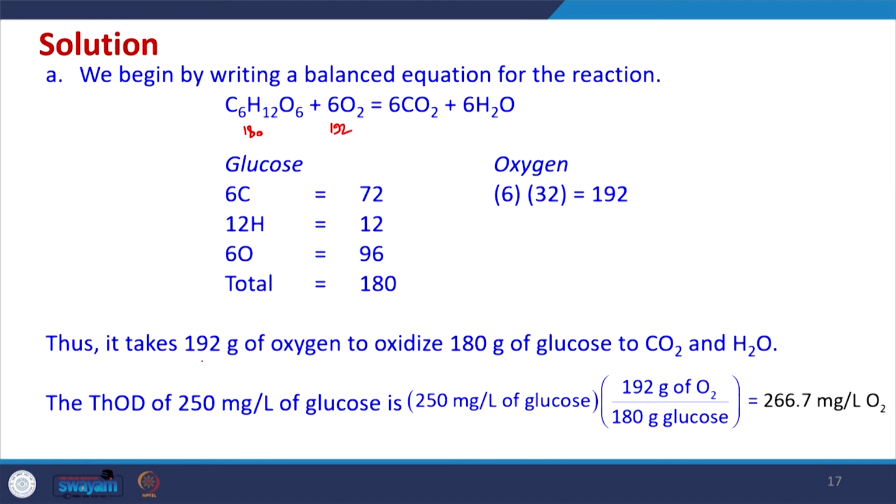So, 192 gram of oxygen is required to oxidize 180 gram of glucose. Theoretically for THOD, because the value is 250 milligram per liter of glucose, we perform this calculation. So, this much amount of oxygen will be required per liter of water. This is milligram O2 per liter.